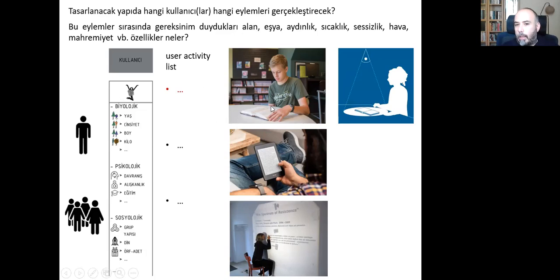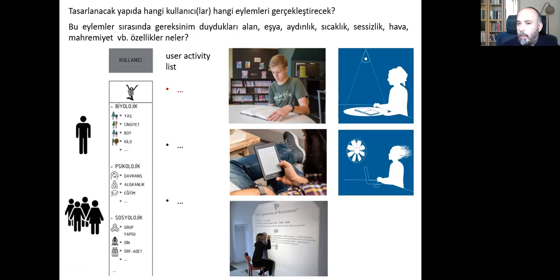You can easily understand if we are talking about a reading activity like this, the lighting should be like that. However, if we are talking about a reading activity with a digital appliance, the whole story changes. Or this requires a dark room, the opposite of the first image.